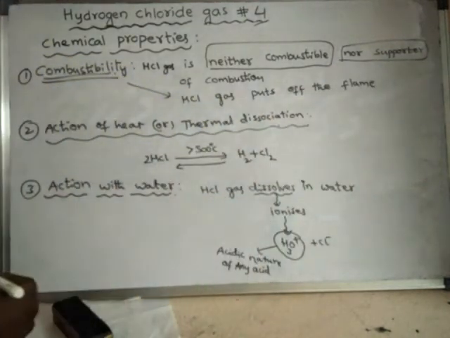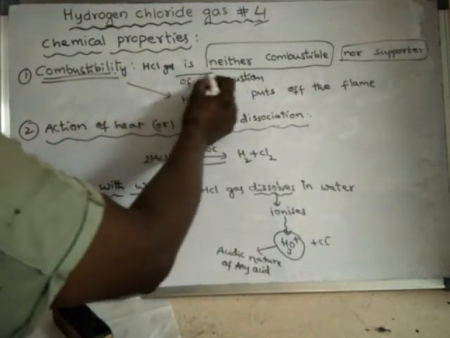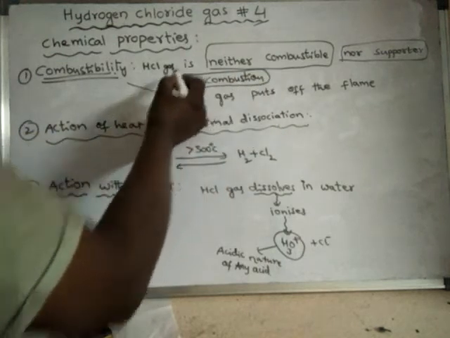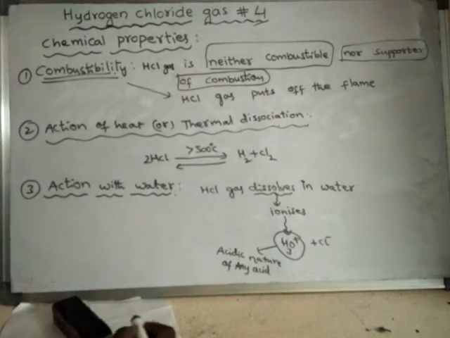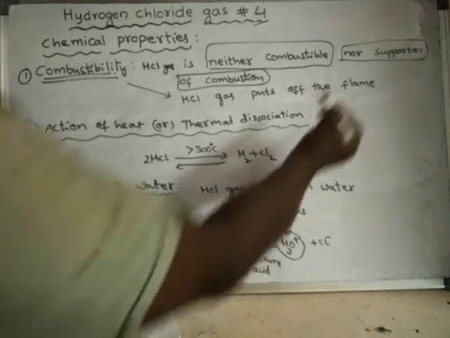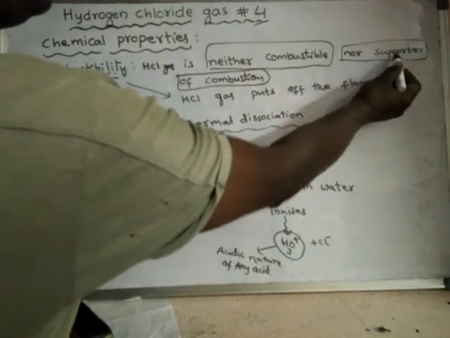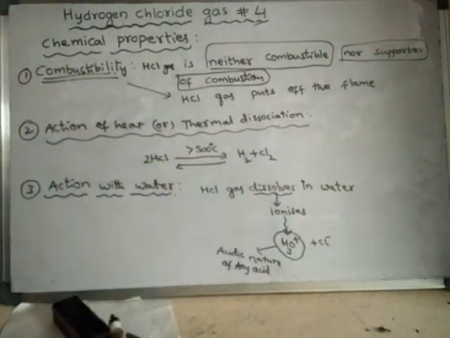neither combustible nor supporter of combustion. That means it does not support combustion also. If something is burning and you put HCl on it, that burning substance cannot continue to burn. So HCl does not support the burning of other substances also. Hence, it is called not a supporter of combustion.